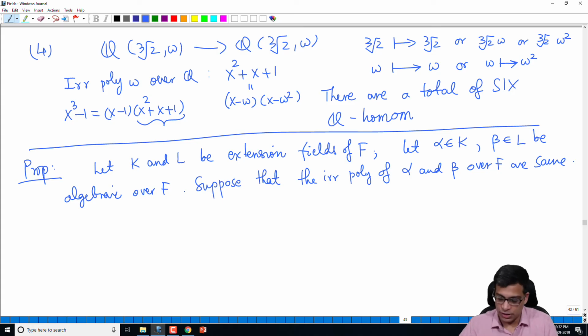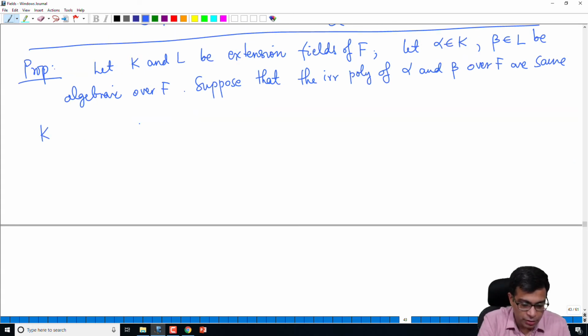Okay, so this is the picture. K is here, L is here, F is here, F alpha is here, F beta is here, because alpha is here, beta is here.